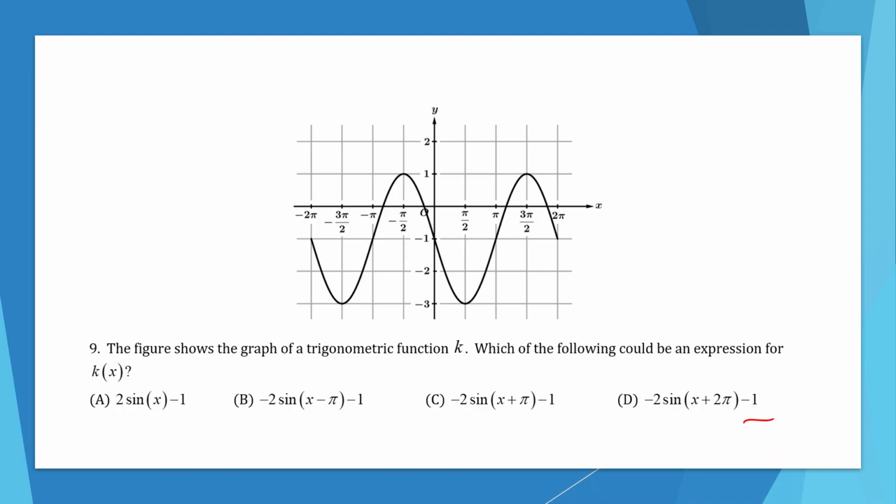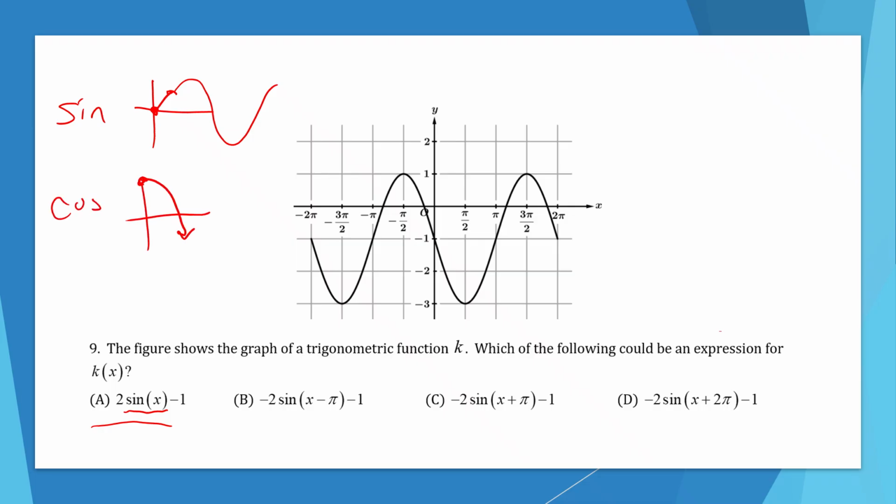So now we got to look at our sine and cosine starting points, and that's really going to be the key to answering this question. So taking a look at A, here there's no horizontal translation, so we are going to start at the midline because it's a sine function. So remember, a sine function starts at the midline and goes up, and then a cosine starting point starts at the maximum and goes down.